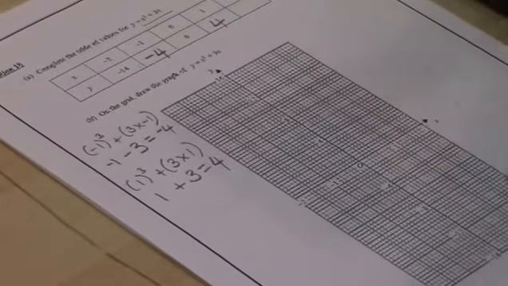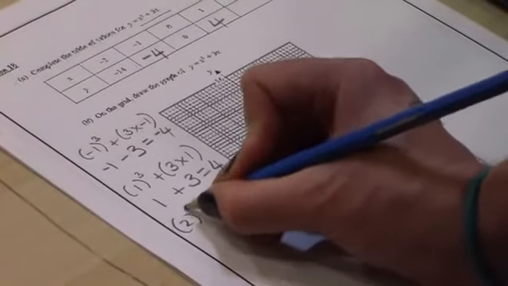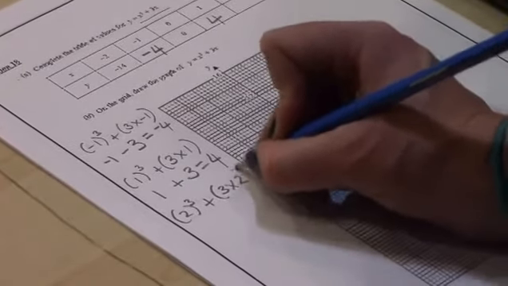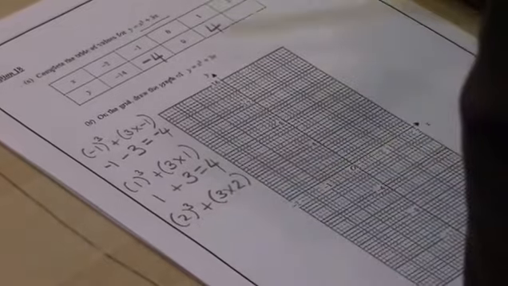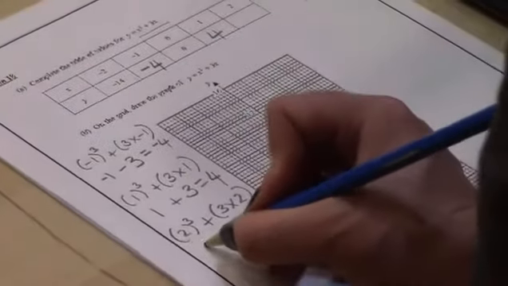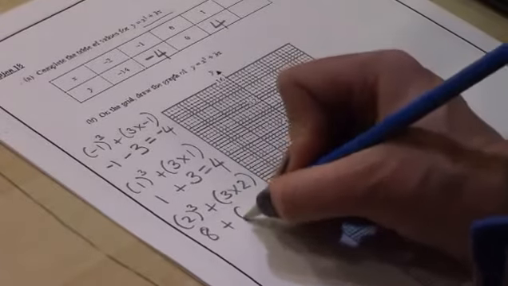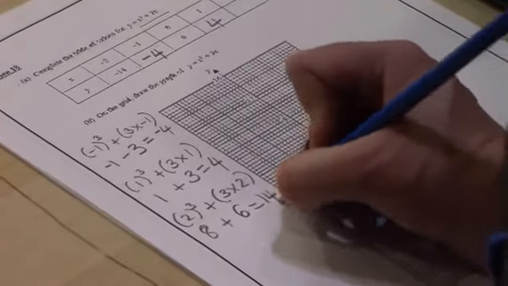Okay, the last value I need to substitute, 2 cubed plus 3 times 2. So 2 cubed means 2 times 2, which is 4, times another 2, which is 8, plus the 6 for 3 times 2 is equal to 14.